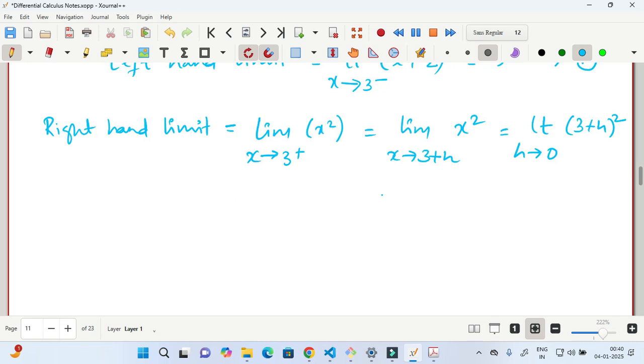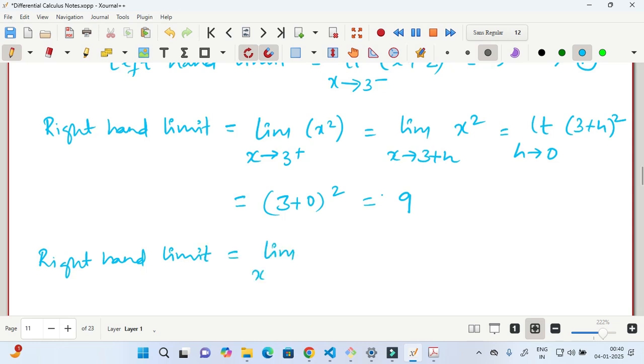So this is equal to 3 plus 0 whole square, which is equal to 9. So right hand limit is equal to limit x tends to 3 plus of x square, which is equal to 9. Let's say this is equation 2.